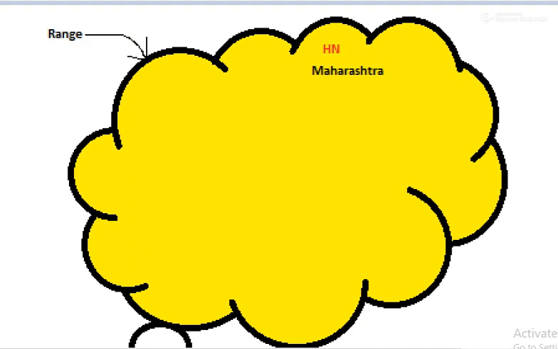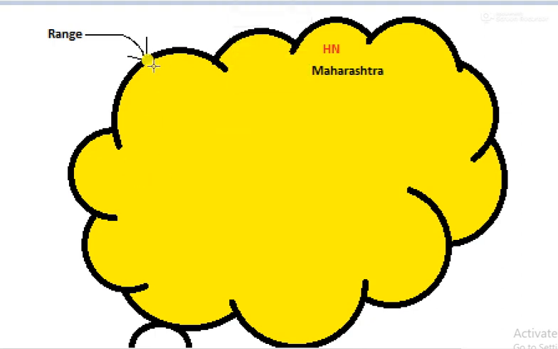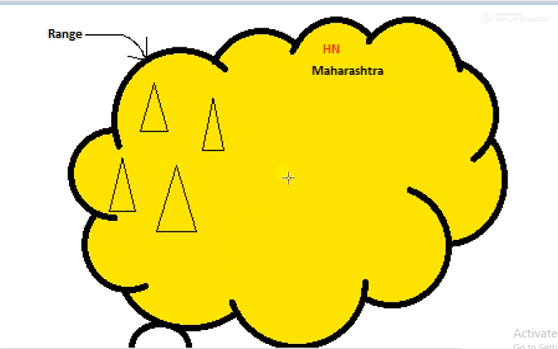Now again here, this Maharashtra region will have multiple access points, or you can consider the access points as in short the wireless stations.